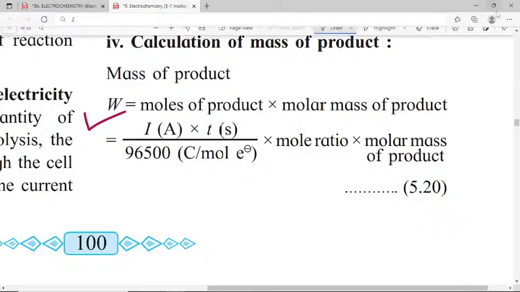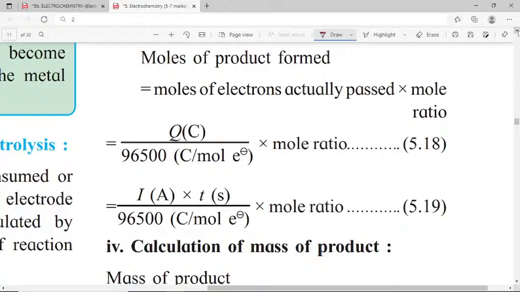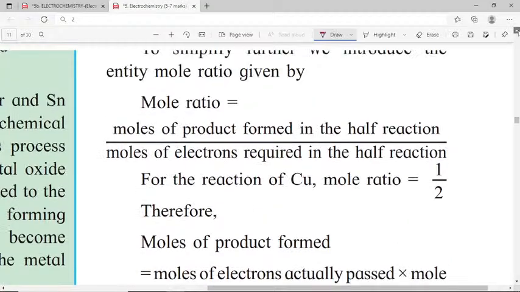Okay, all these formulas are very, very important. Always remember all formulas: Q divided by 96500 multiplied by mole ratio; current in ampere, time in second, divided by 96500 multiplied by mole ratio. I am using all these formulas here. Mole ratio, how to calculate the mole ratio?